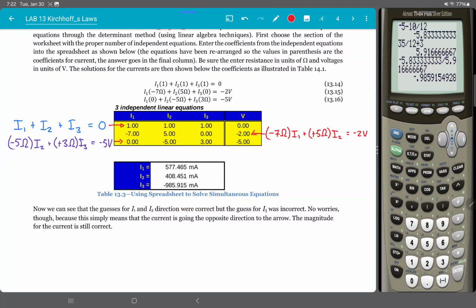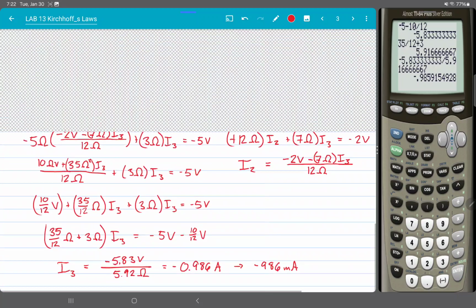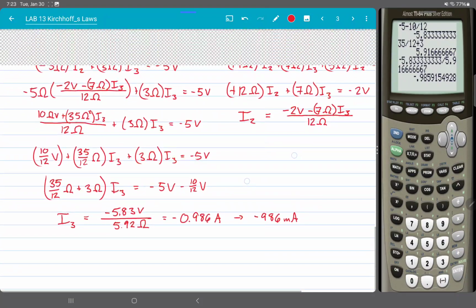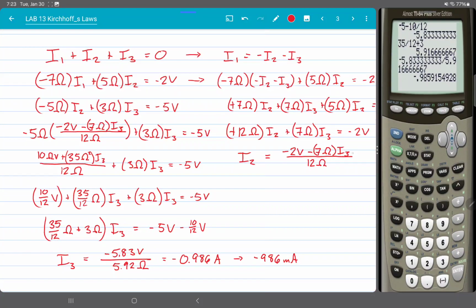So you can go through and work these out as a series of equations perfectly fine. Now, once I had I3, I could plug it back into this equation to find I2. Once I had I2 and I3, I could plug it back into this equation to find I1. I mean, it takes time.